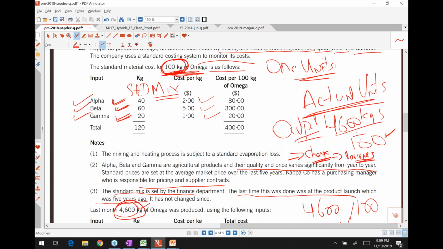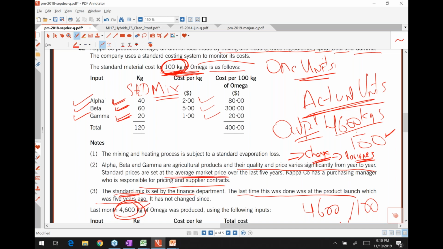And by looking at the question, the company hasn't changed certain things like mix. But they set prices at an average market price.